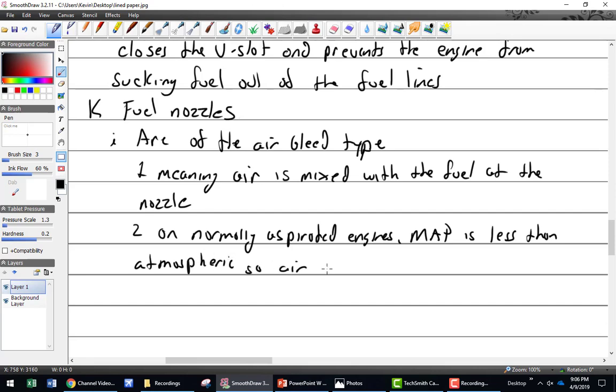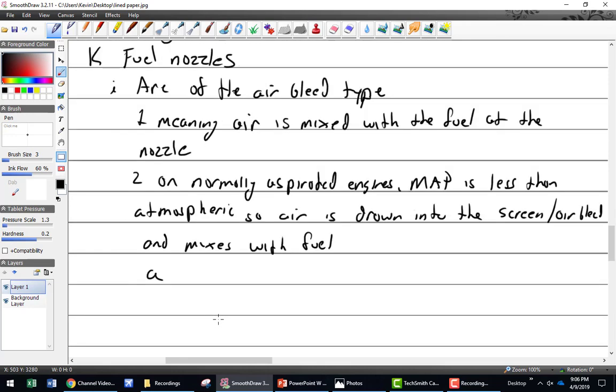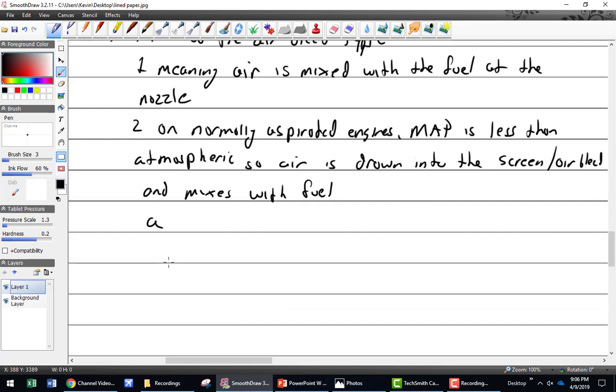So air is drawn in through the screen and air bleed and mixes with fuel. Sometimes those air bleeds get blocked. I think it's more probable to see an air bleed block because it's just drawing in air from around the engine. So bird feathers and all that kind of stuff get in there.